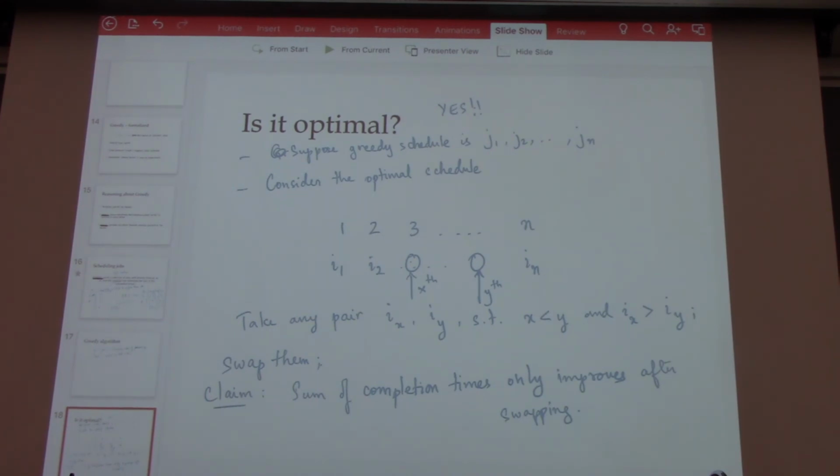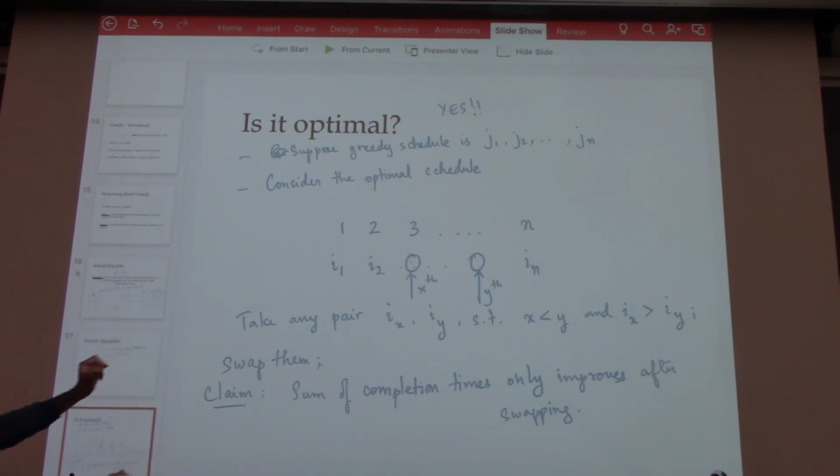Well, it's a contradiction because we assumed it was the optimal schedule. Yeah. So if you can improve it, then it's not optimal, right? So that's why if you could show that swapping improves the solution, then you're done. This is often how you show this. So that's why proving this claim is actually enough for what we want to show.